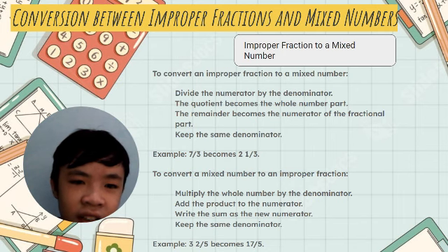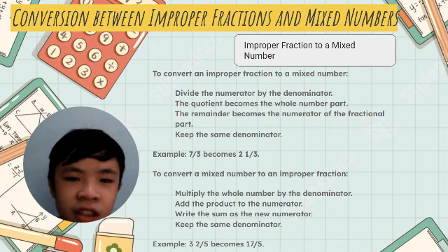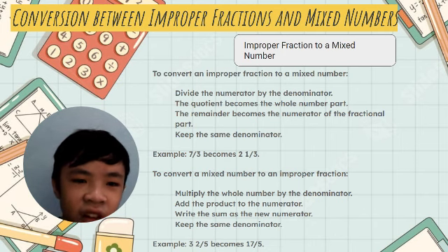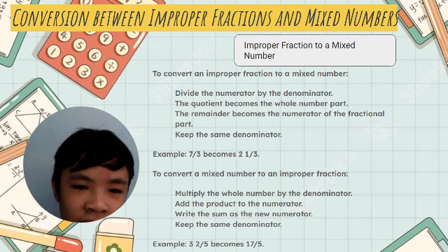First, divide the numerator by the denominator. Second, the quotient becomes the whole number part of the mixed number. Third, the remainder becomes the numerator of the fractional part. Fourth, keep the same denominator.